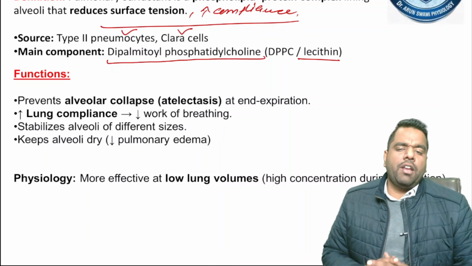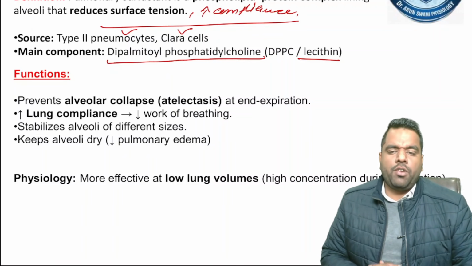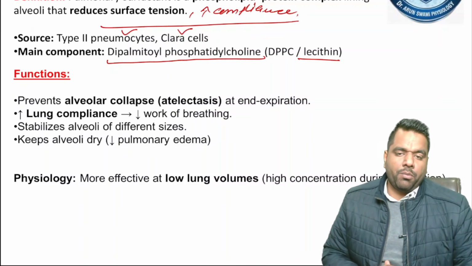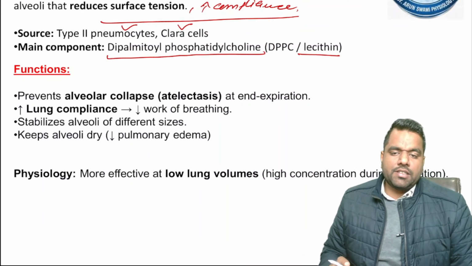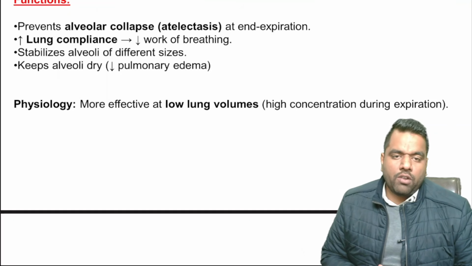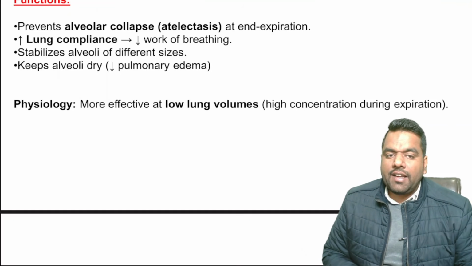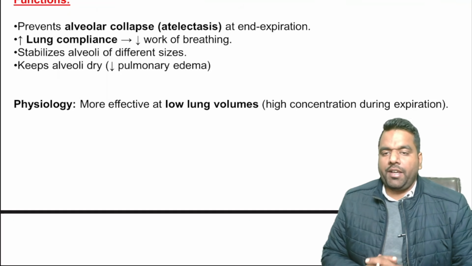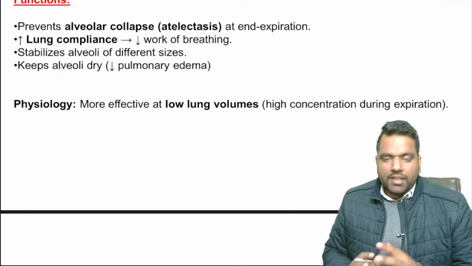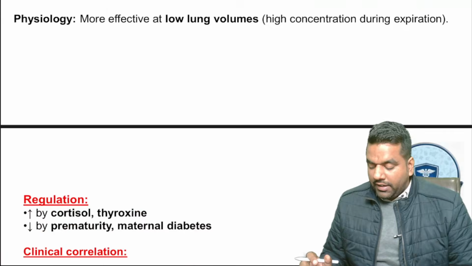It stabilizes alveoli of different sizes and keeps alveoli dry, leading to decreased pulmonary edema. Guys, this has more effect at low lung volumes; there will always be a high concentration during expiration. So these are a few things you have to remember for the surfactant.